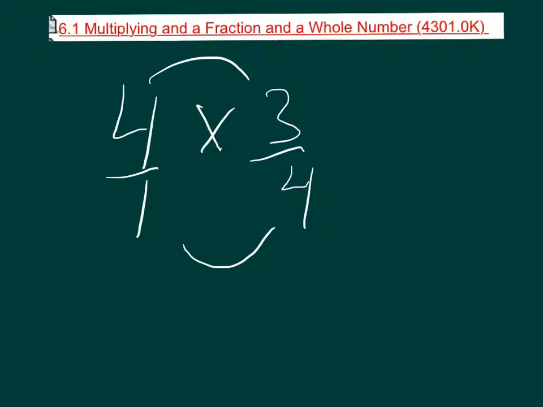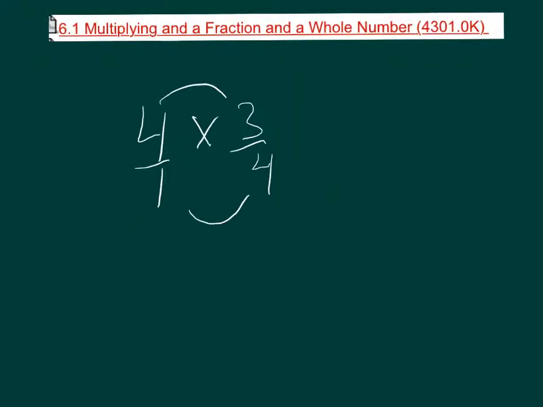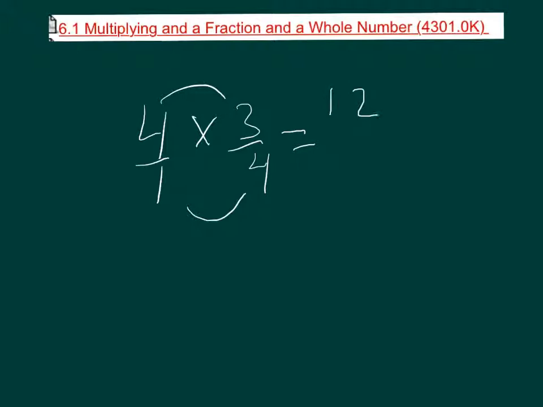Now, you might have to reduce or change it to a mixed number if you get an improper fraction. Let's see what happens. So 4 times 3 up top is 12, and 4 times 1 is 4. In lowest terms, well, 12 divided by 4 is 3, so the answer to this question would actually be 3.